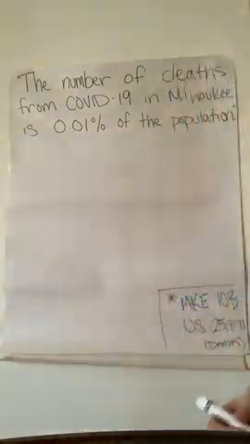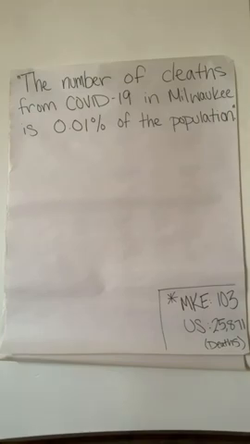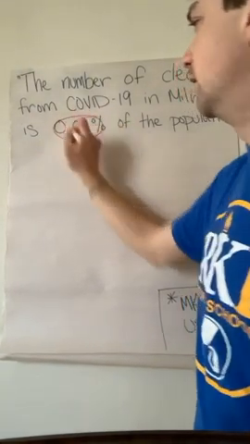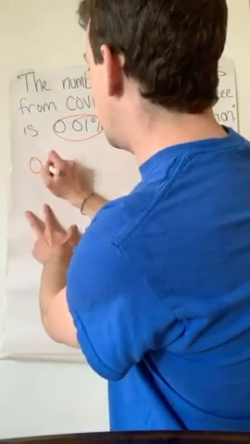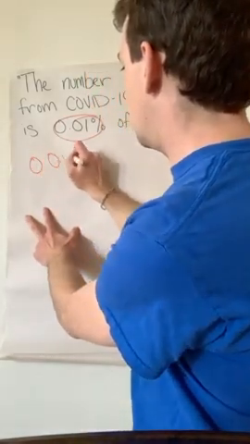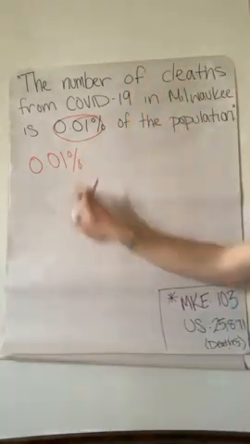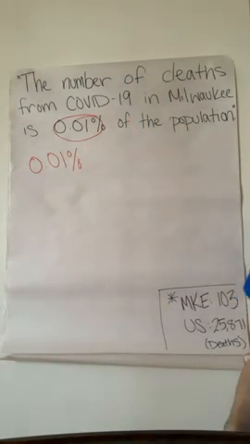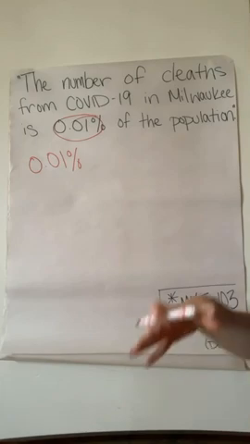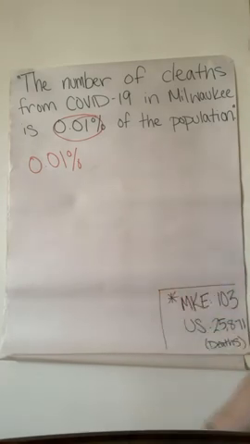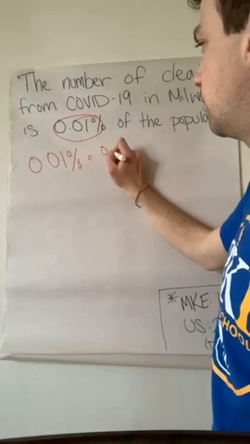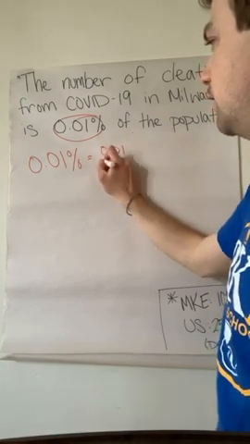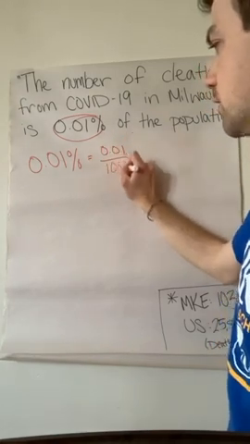So to begin, we can start thinking about this number right here, 0.01%. As we reviewed last week, whenever we're talking about a percent, it is talking about how much of a part out of a total of 100%. So we could rewrite this number as 0.01 out of 100.